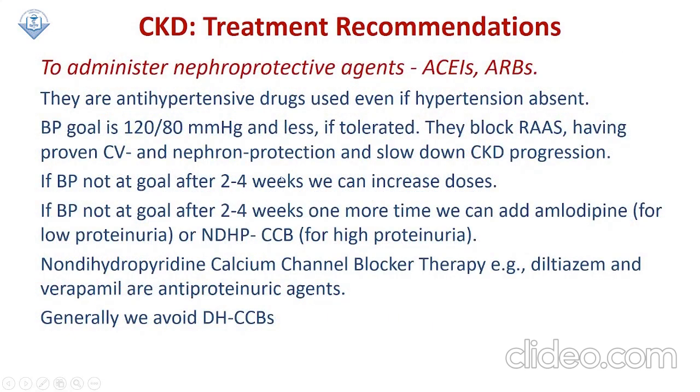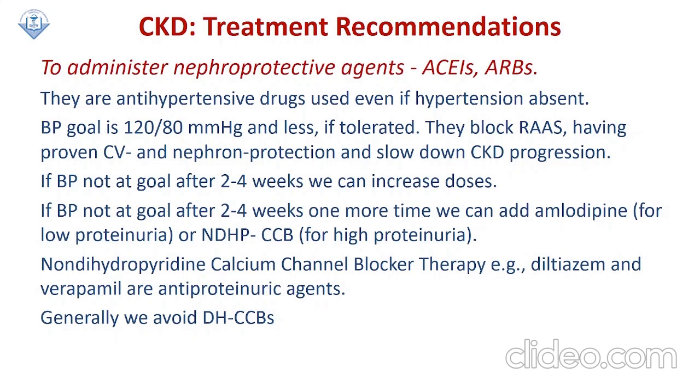Then we must administer nephroprotective agents. What is a nephroprotective agent? It is ACE inhibitors and ARBs. ACE inhibitors means angiotensin converting enzyme inhibitors. Why is it important? Because in the kidney we have the renin-angiotensin-aldosterone system which is hyperstimulated, and we block it with this medication.